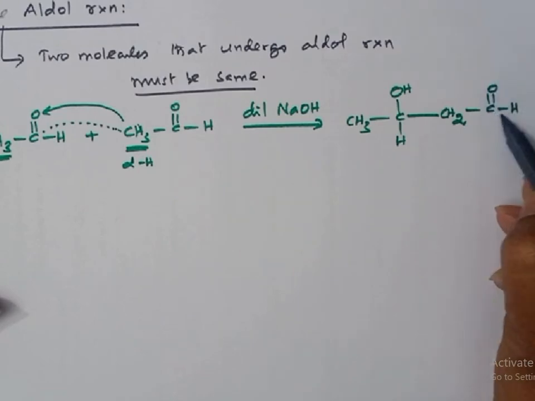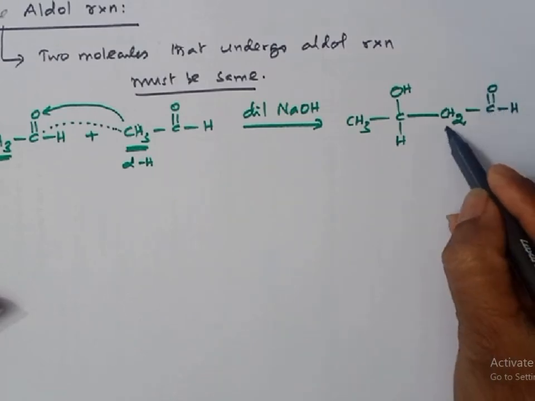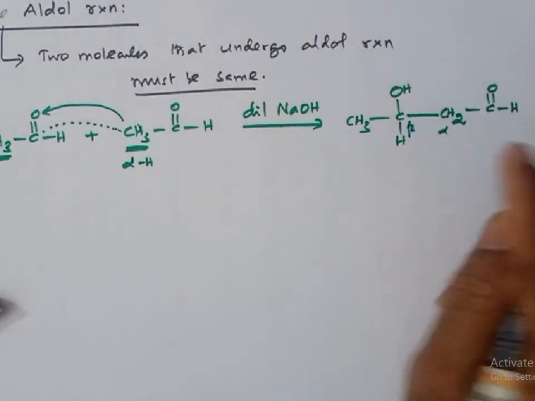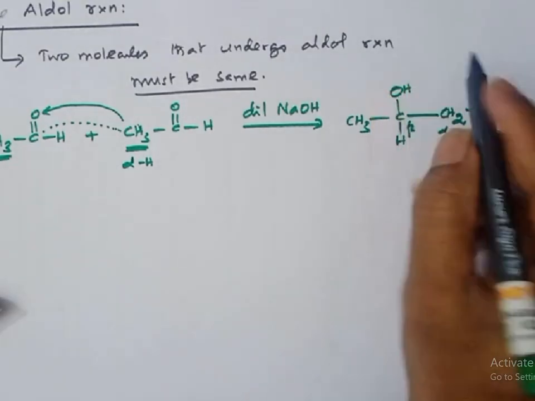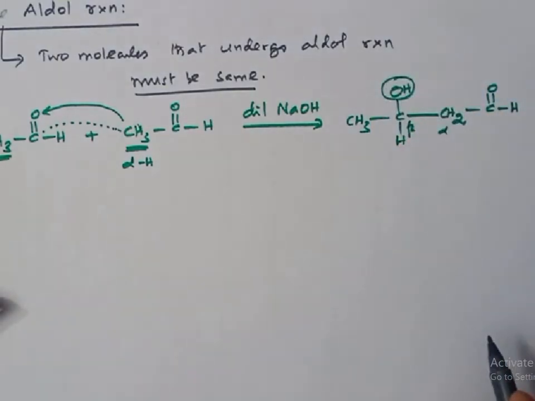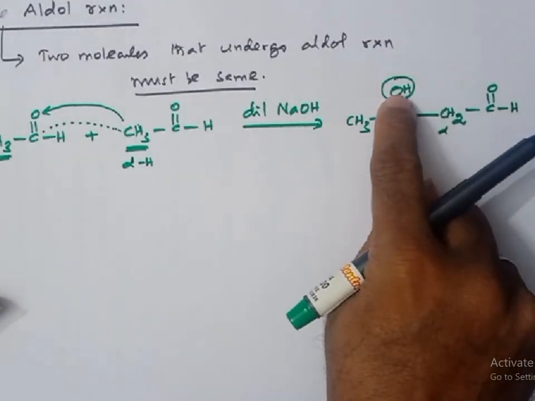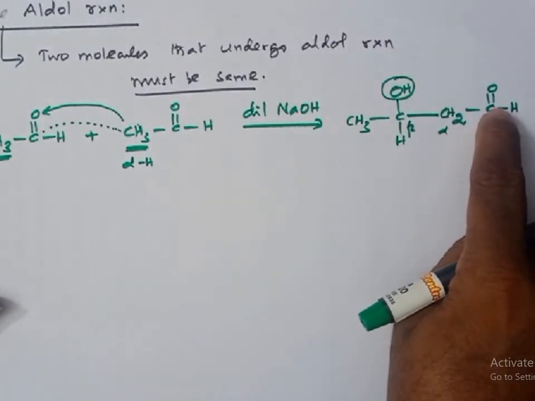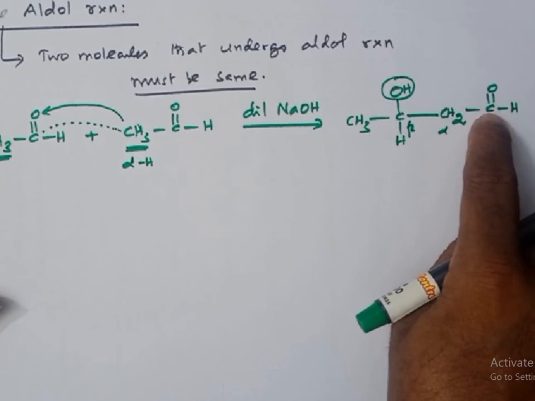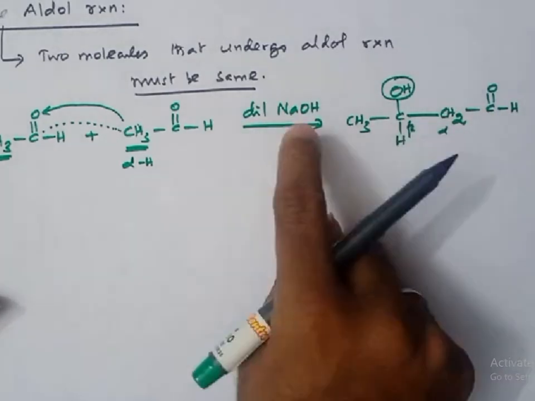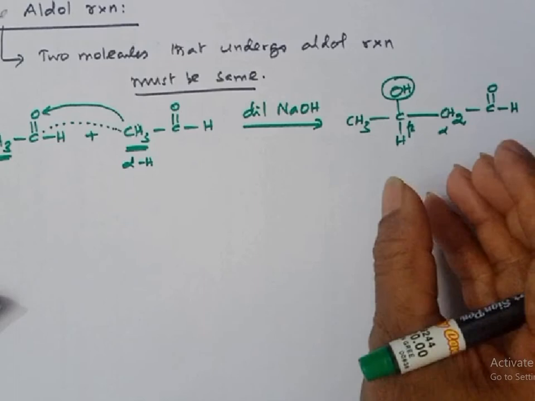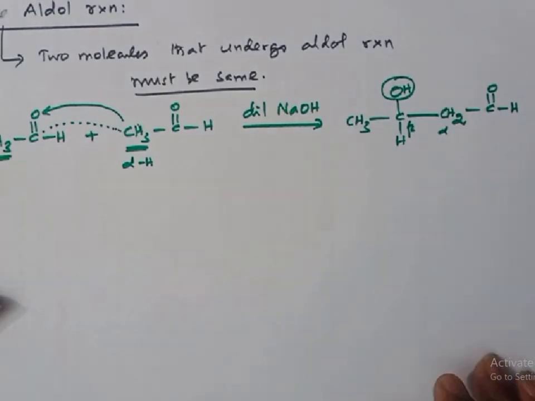Now we have an aldehyde group here, this is the alpha carbon and this is the beta carbon. The beta carbon has a hydroxy group. Beta hydroxy carbonyl compounds, it may be aldehyde or ketone. If you get a beta hydroxy carbonyl compound, we call that reaction an Aldol reaction.